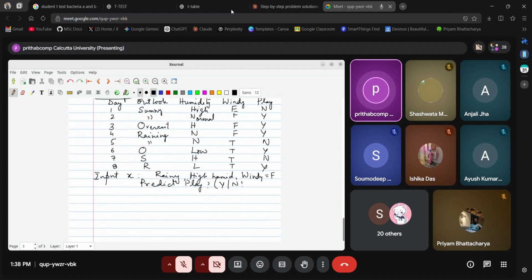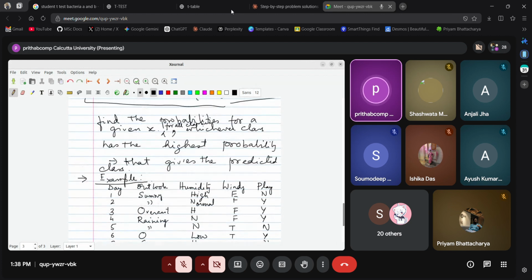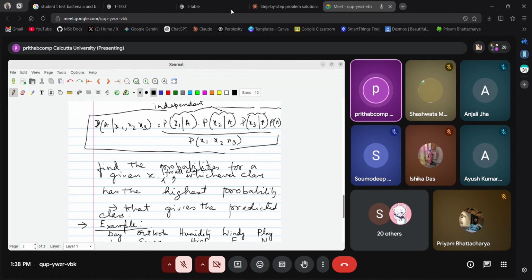For this you apply your naive Bayes. So predict play given all these three parameters x1, x2, x3: rainy, high humidity, and windy false.